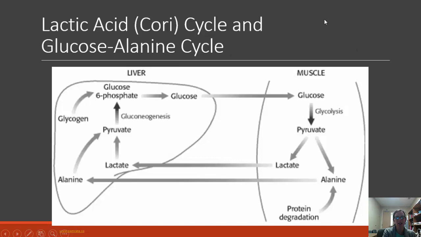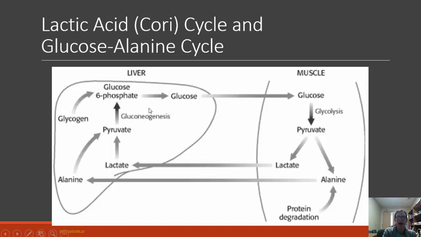Okay, and then here's the Cori cycle and glucose-alanine cycle together. So let's look at the Cori cycle first. Glycogen, G6P, the glucose goes out of the liver, it goes to the muscle, it's degraded to pyruvate by glycolysis, not enough oxygen will become lactate, and it goes back to the liver, and then our whole cycle starts again.